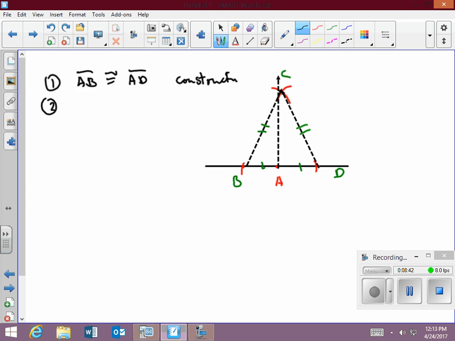Then we have BC congruent to DC, and that's also by construction. Then AC is congruent to AC, reflection.